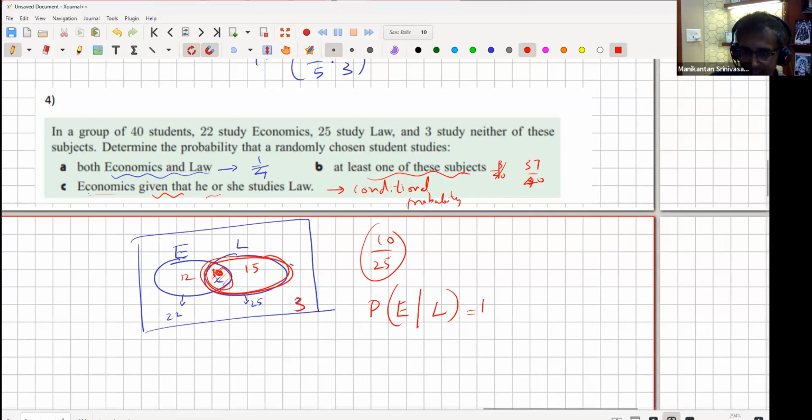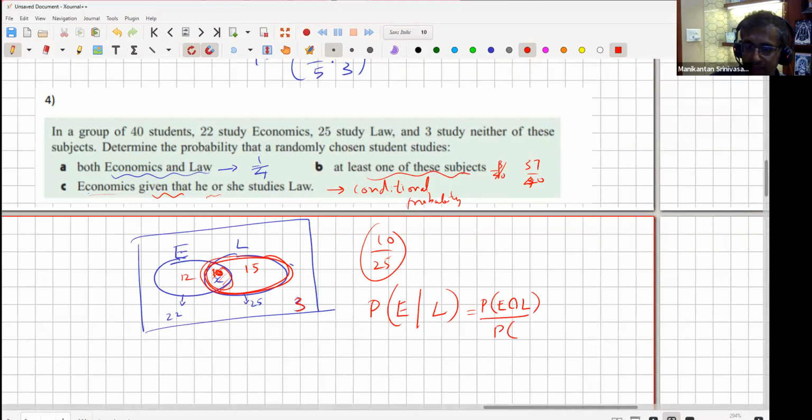So what did we do exactly? We took the overlap region. Only then can you be selecting economics and law, because this person must effectively be studying both, right? But you're normalizing for the fact that this person is already studying law. So he has a smaller denominator, therefore a higher probability. Does it make sense, guys? So 10 over 25.